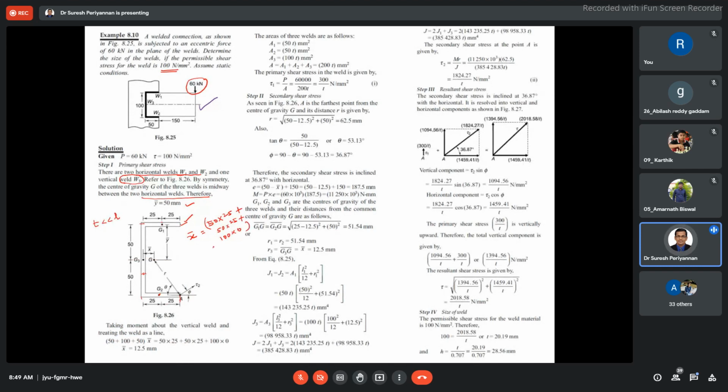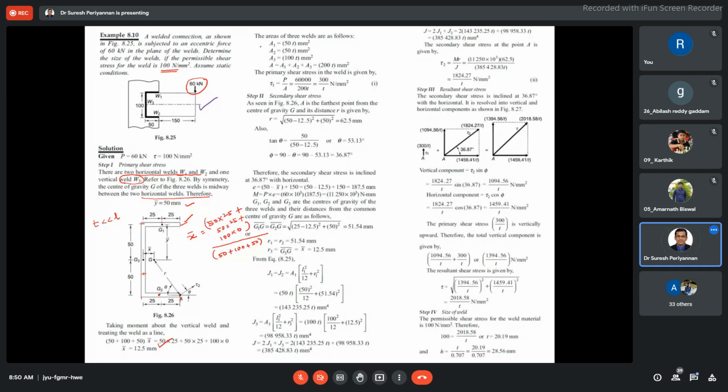Then the whole is divided by the total length, 50 plus 100 plus 50. It will give us X bar, which is 12.5 mm. Now we know Y bar and X bar, so we can easily find the common center of gravity.